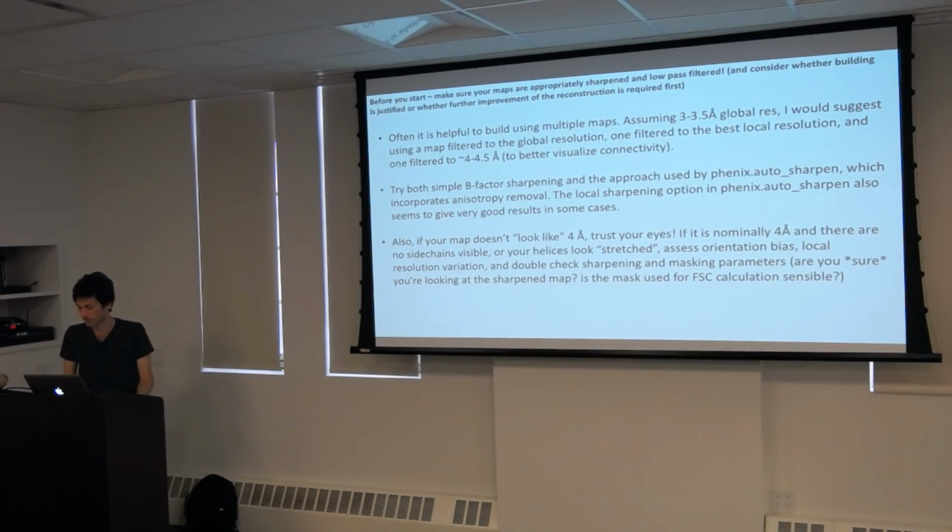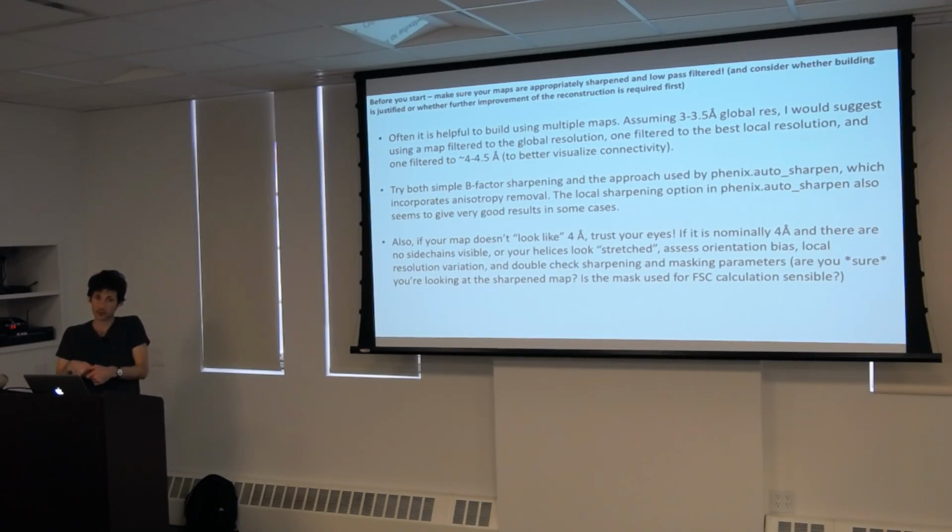And the other thing is just to figure out at this point whether this is going to be a goer or not, whether you have enough information present in your map to get the biological result that you want. You may not be able to build a full atomic model, and that might be okay. It depends what question you're asking. If you're trying to identify how one subunit binds to a larger complex, you may need pretty limited resolution.